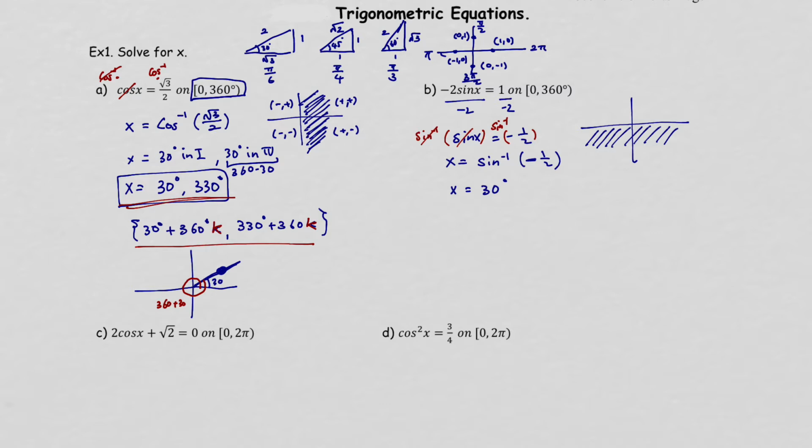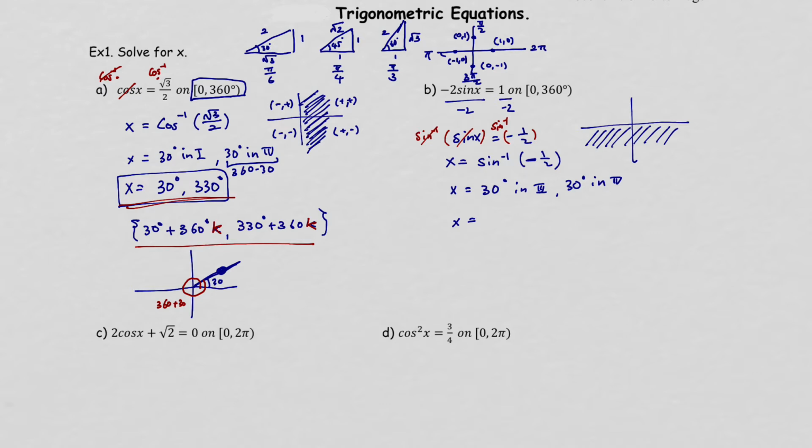So you will say 30 degrees in third quadrant and fourth quadrant. That's going to be negative.